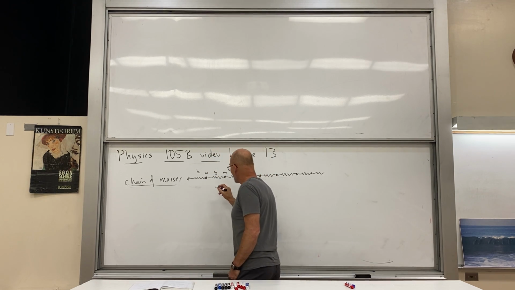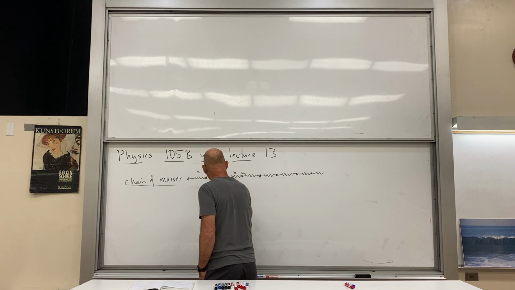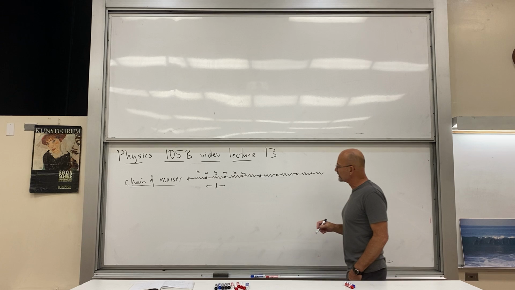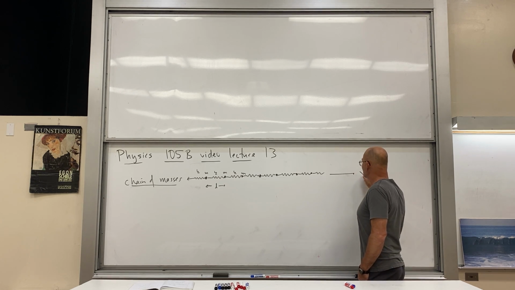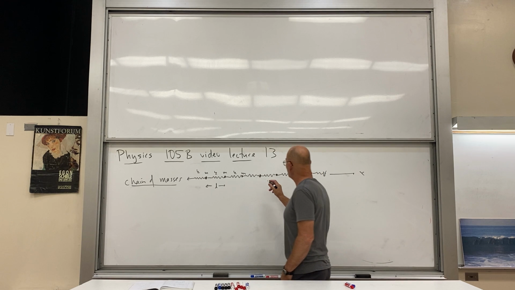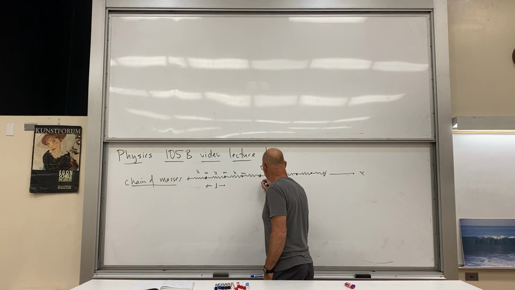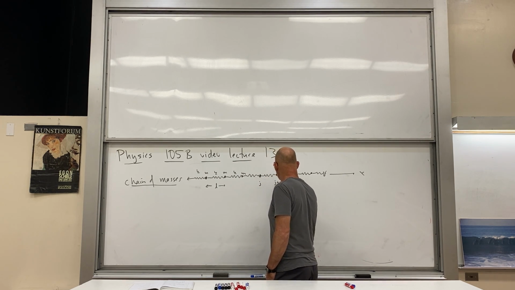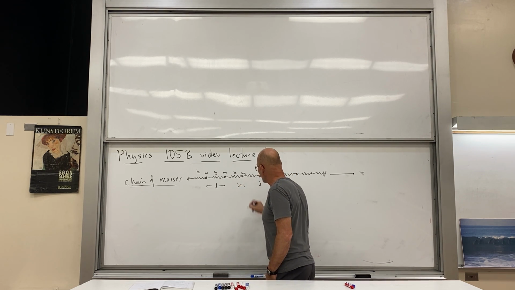And there's a separation distance that's going to come into play later between their equilibrium positions. This is the x-axis. And what I do is I pick out three of these. I have j, j plus 1, j minus 1.